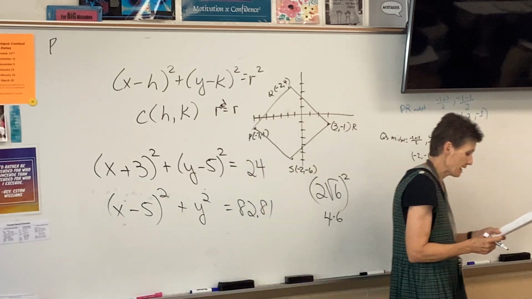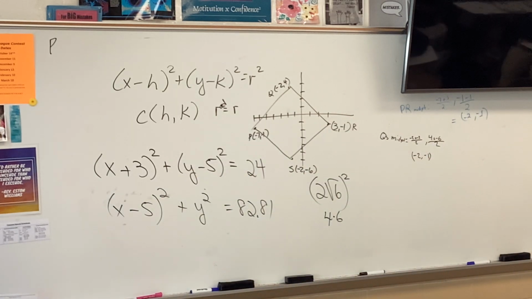Problem 14A. Now you've got the circle. What's the center and the radius? What's your center for A? (3, −1/2). And what's your radius? Square root of 18, which is 3√2.